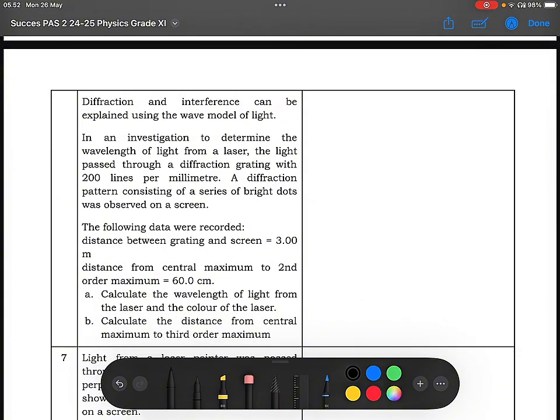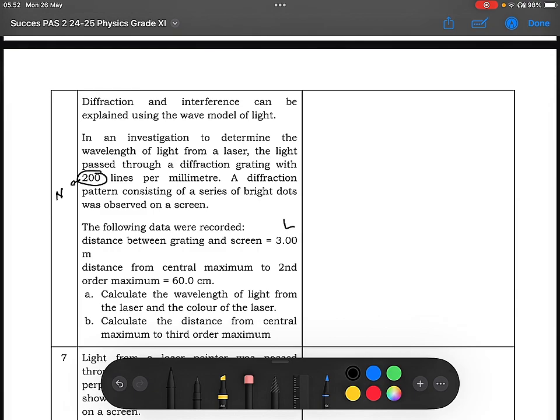You can see the following data were recorded. In an investigation to determine the wavelength of light from a laser, the light passes through a diffraction grating with 200 lines per millimeter. A diffraction pattern consisting of bright spots appears on the screen. The following data were recorded: the distance between the grating lines, this is the N, and the distance between grating and screen, this is the L.